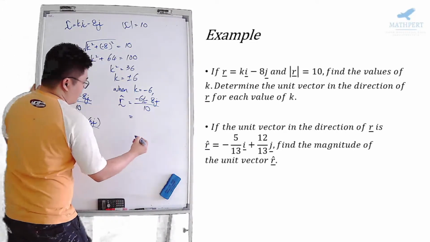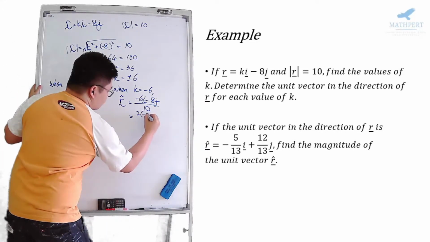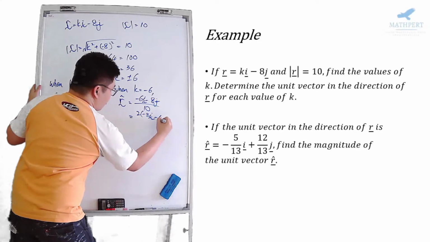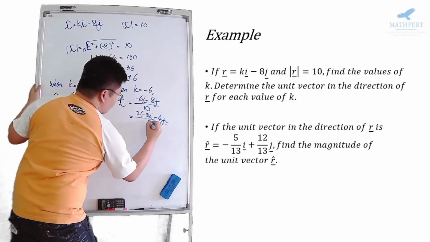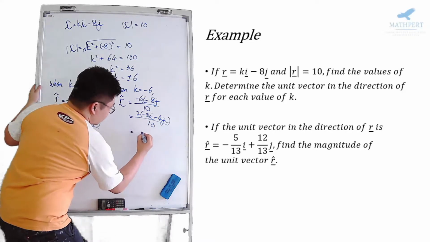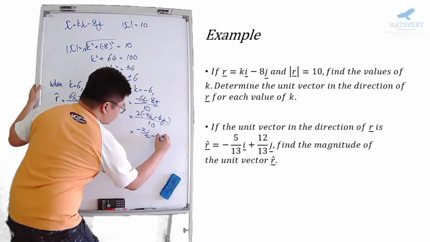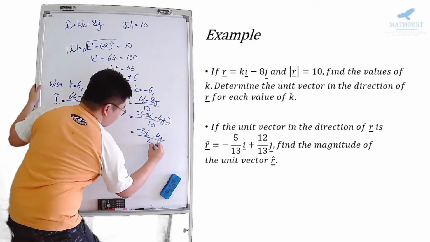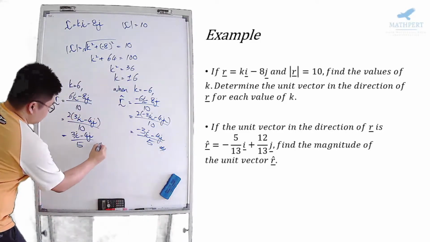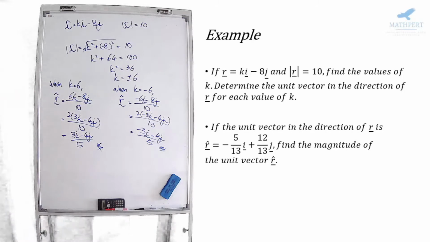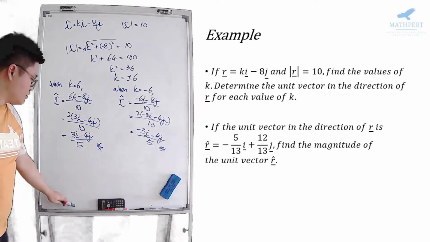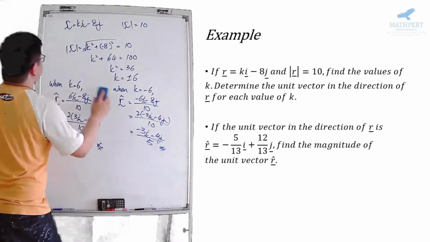Alright, so again, taking out 2, negative 3i minus 4j over 10. So this will be negative 3i minus 4j over 5. Alright? Next one.